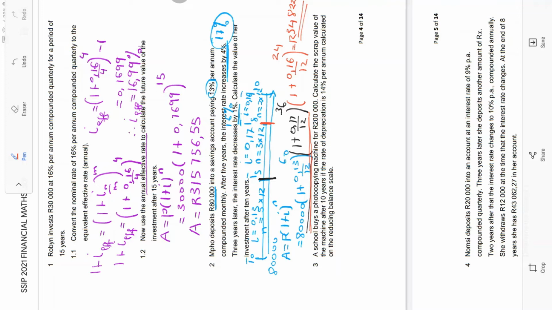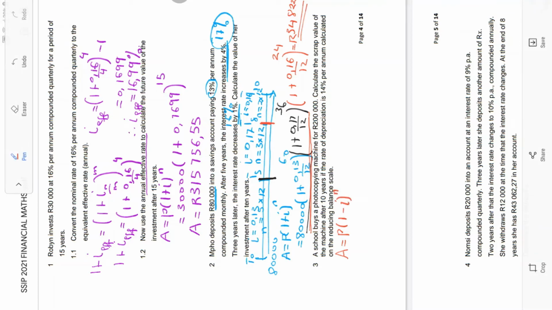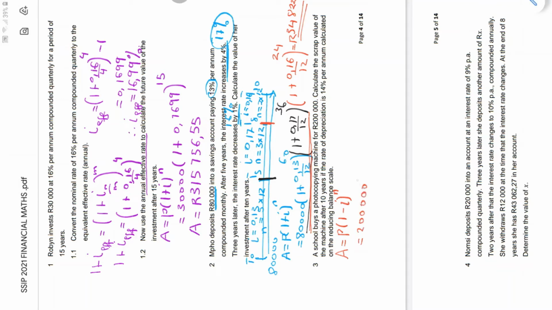So, candidates, you need to know the formula for the reducing balance scale or the reducing balance method. It's A equals P brackets 1 minus I to the power of N. And what we have here, we have a machine that was bought at 200,000 initially, and it depreciated at a rate of 14%.